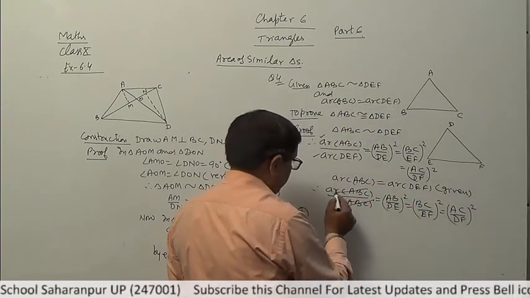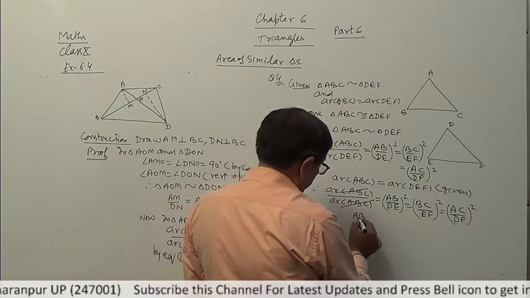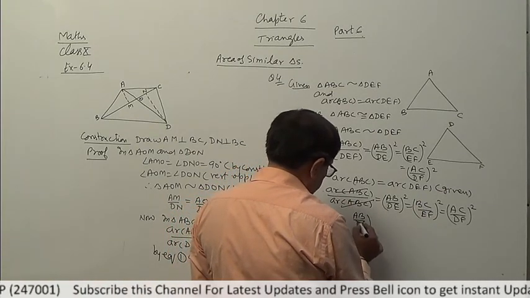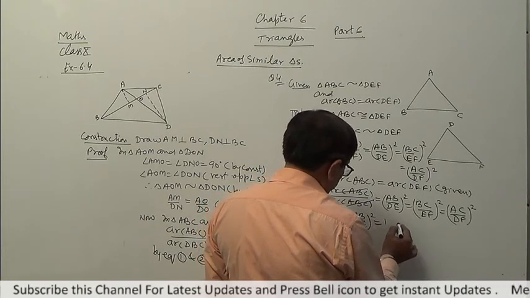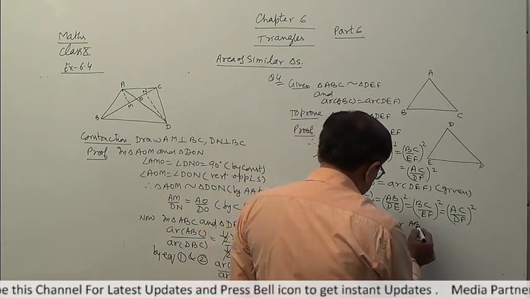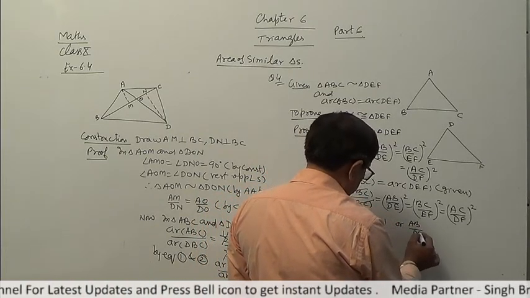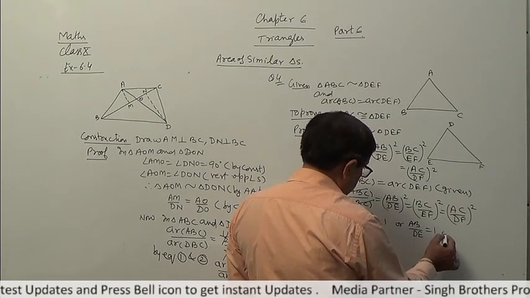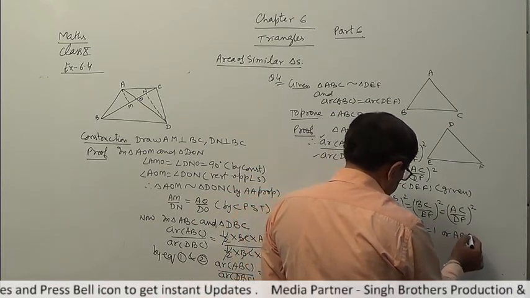This cancels. AB upon DE whole square is equal to 1, or AB upon DE is equal to 1, or AB is equal to DE.